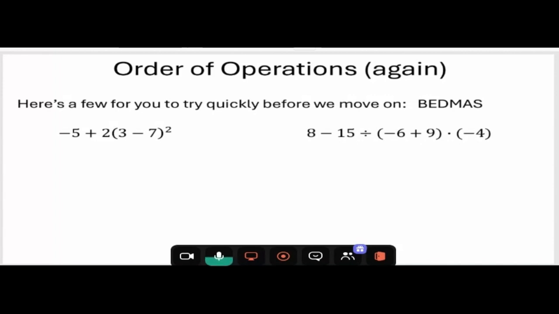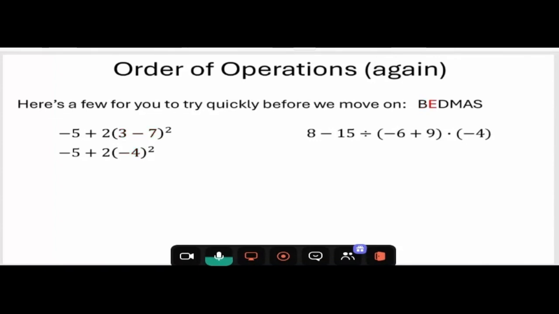Okay, on that first one, do we have brackets? Yes, we do. A bracket to work out, 3 minus 7, so that's 3 to the right, 7 to the left. So they're moving in opposite directions, so subtract, that's negative 4, because we moved further to the left.